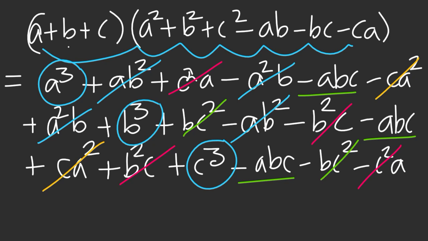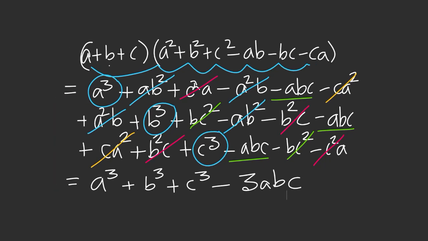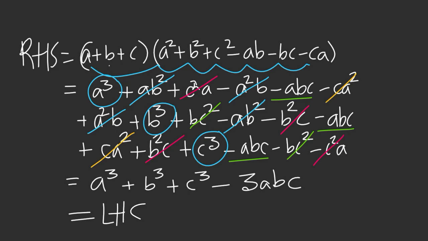So our final result is a cube plus b cube plus c cube, and abc's are negative 3 abc's, so that is equal to our left hand side. So we started with our right hand side, right, and we reached the left hand side. So that's our proof.